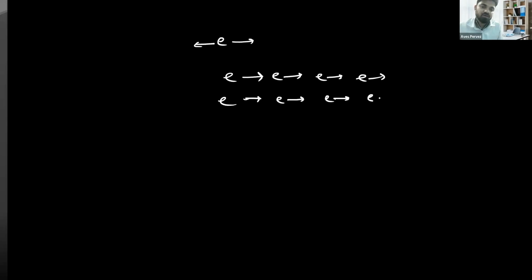Understood? So what is electricity? Either the electrons vibrate about their mean position, or electrons move from one position to another. If the electrons are moving in a particular direction, for example this way, then we say that electric current is flowing through it.